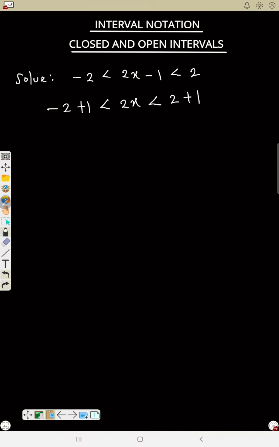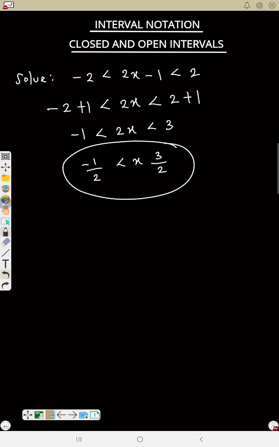So minus 1 is less than 2x, which is less than 3. Divide both sides by 2. This is the same as minus 1 over 2 is less than x, and x is less than 3 over 2. Now how can we represent this result in interval notation?